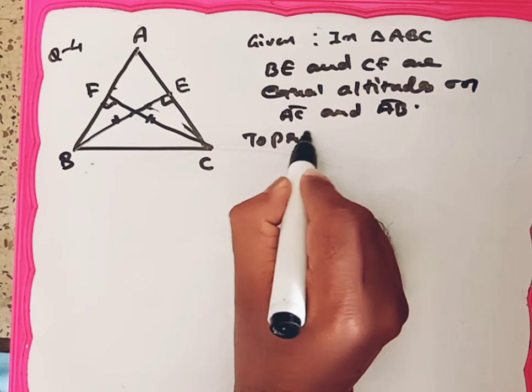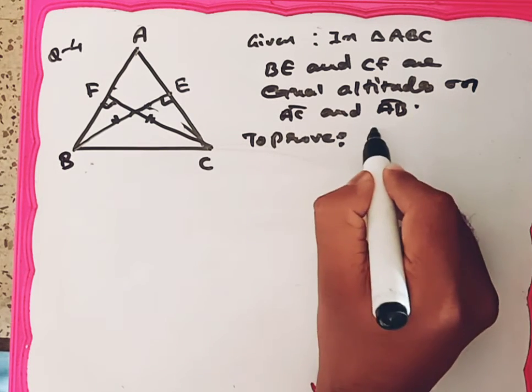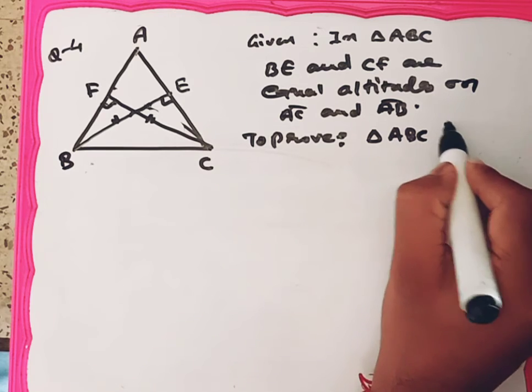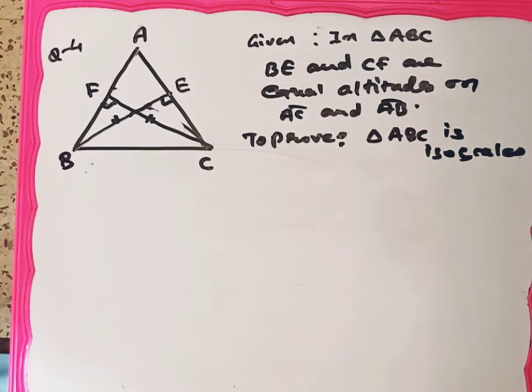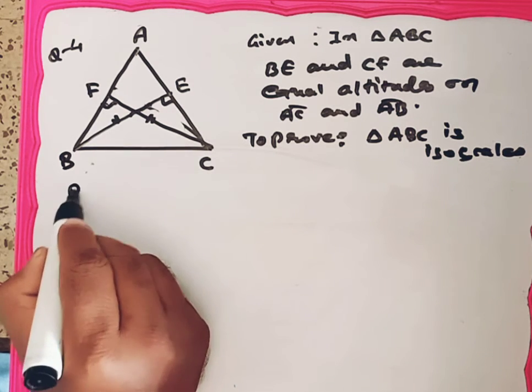To prove: triangle ABC is an isosceles triangle.